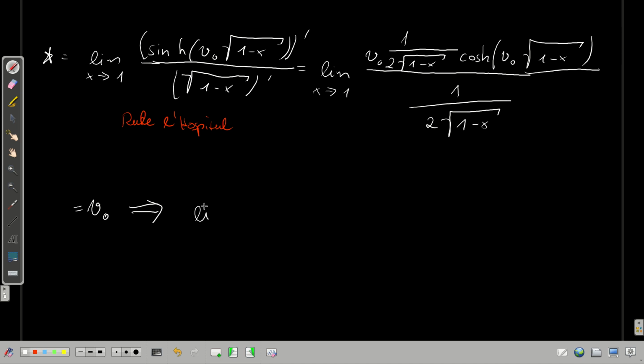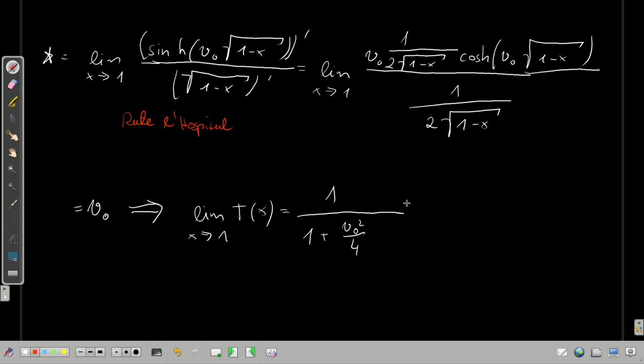The limit as x goes to 1 of T of x equals 1 over 1 plus v0 squared over 4.